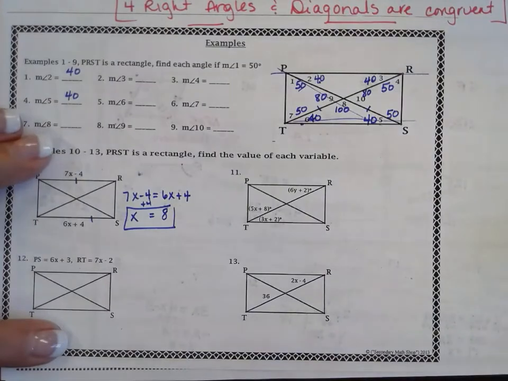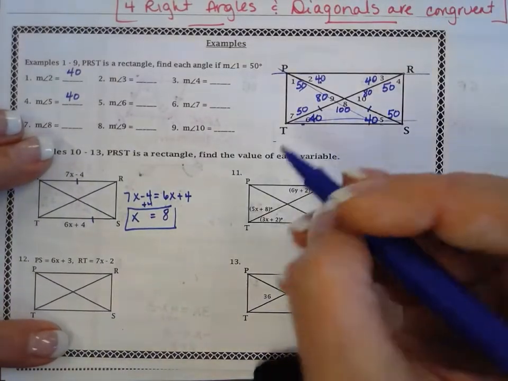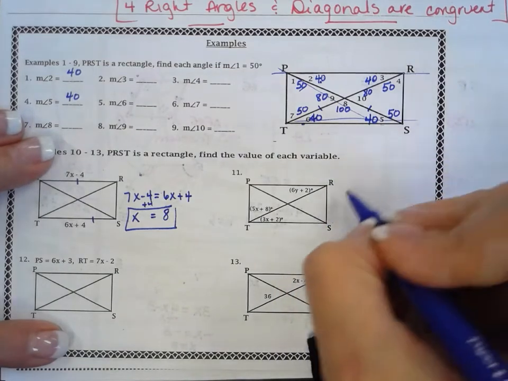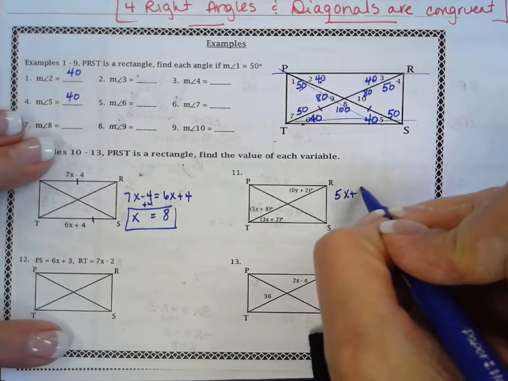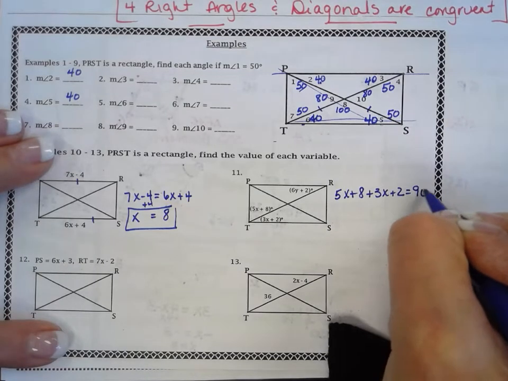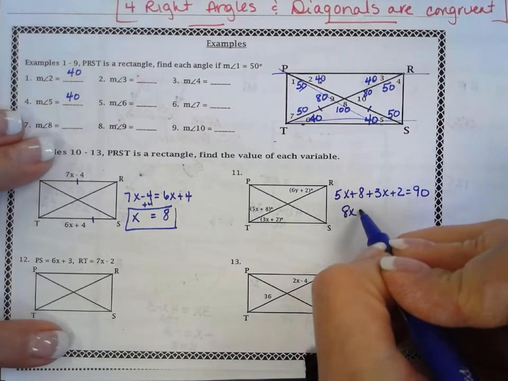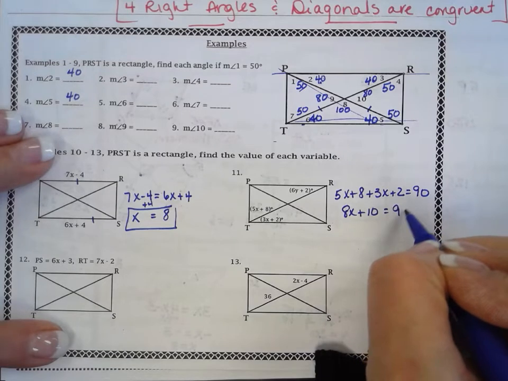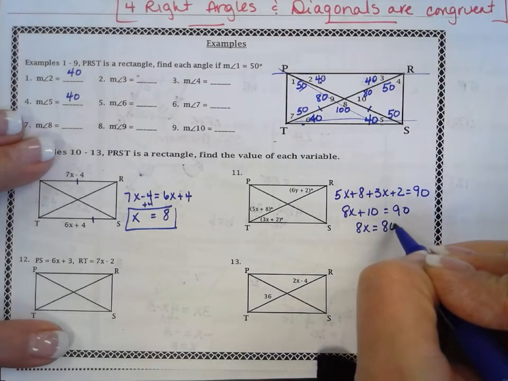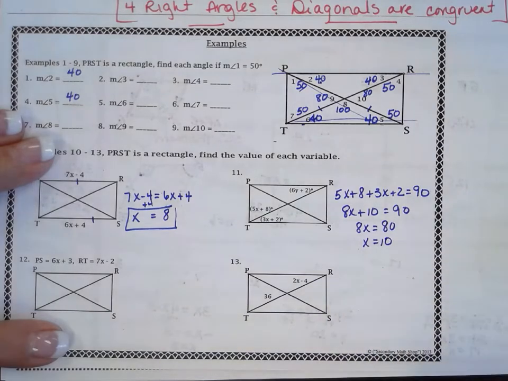And since I know that these two angles are equal to 90, I can set the two of them equal to 90. And so I have 8x plus 10 is equal to 90. So that gives me 8x is equal to 80. And so x is equal to 10.